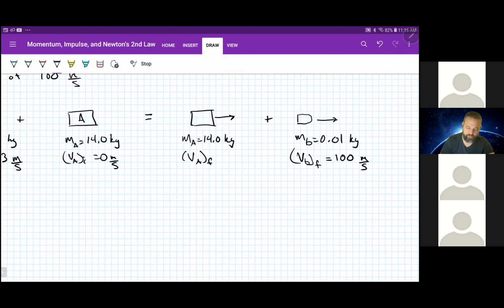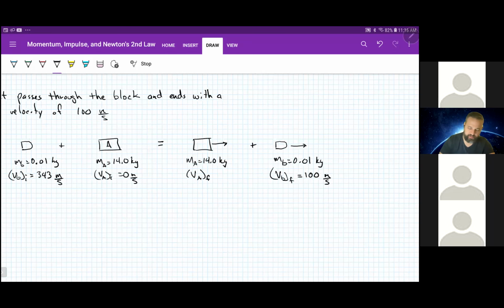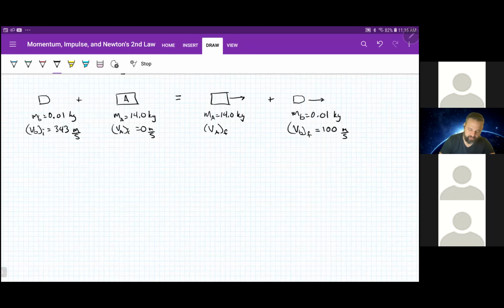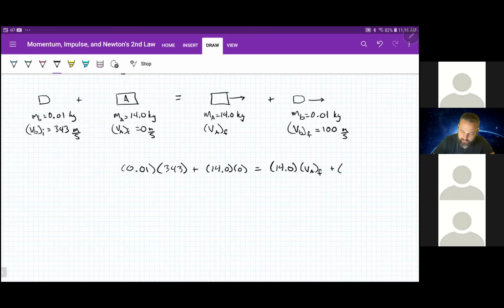In this case, it's still the same idea: mass times velocity. So we have 0.01 times 343 plus 14.0 times 0, and that's going to equal 14.0 times VAF plus 0.01 times 100.